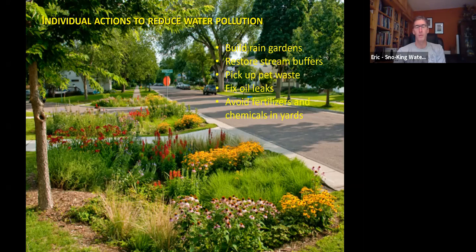That's another way that people can reduce water pollution, is not using those things. Green roofs is an idea where people have roofs designed that essentially have soil and plants on them, and that reduces the amount of runoff coming off of roofs. And then pervious or porous pavement is another thing that people can do if they have this installed in their yard. It can help reduce stormwater runoff into creeks.